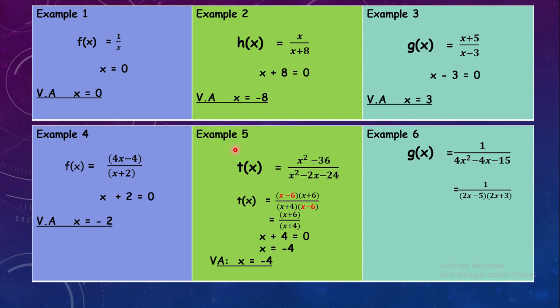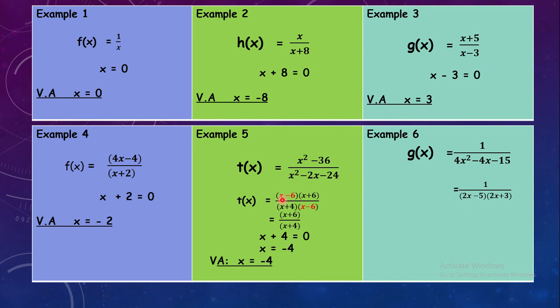Example number 5. So, next example number 5, you have to factor, guys. Okay, kasi hindi siya nakasimplified. So, we have to do something muna to get the simplified form. So, factor mo yung x squared minus 36, ito po yun sa taas. And then, x squared minus 2x minus 24, ito siya. Now, how come naging ganito na lang yung ating given?